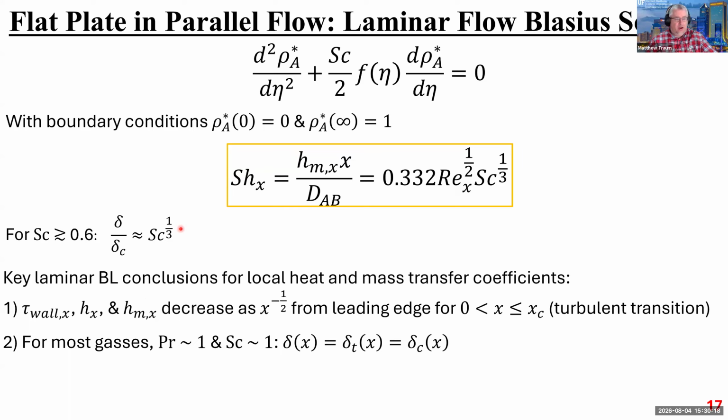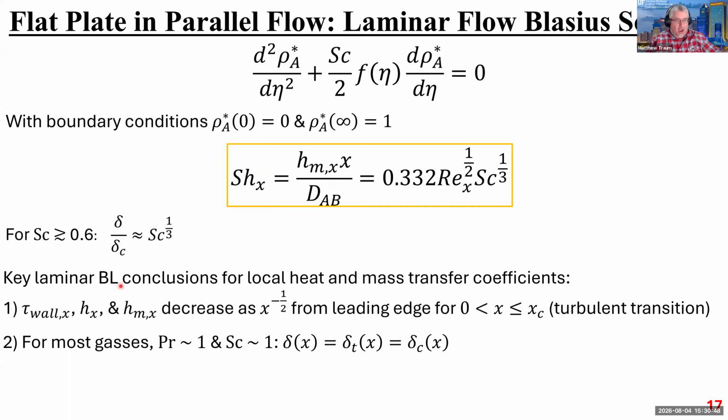So if you know the size at a particular spot of the velocity boundary layer, you now know the size of the thermal boundary layer and the mass concentration boundary layer from this relationship for Schmidt number greater than 0.6, right? How cool is this, right? This is super useful and super powerful. You guys are undergrad mechanical engineers, and now we can do evaporation problems, right? It's awesome. I love heat transfer.